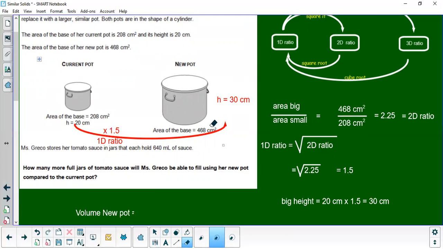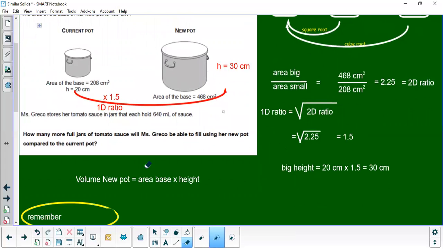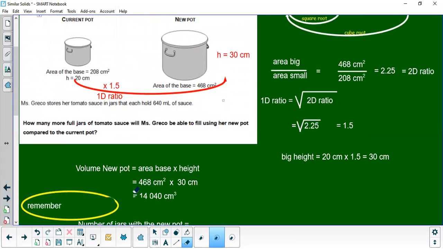Now I can find the volume of the big one. I have the area of the base and the height. The volume of a cylinder is just the area of the base times the height. So 468 times 30. Centimeters squared times centimeters is centimeters cubed, so it's 14,040 centimeters cubed.